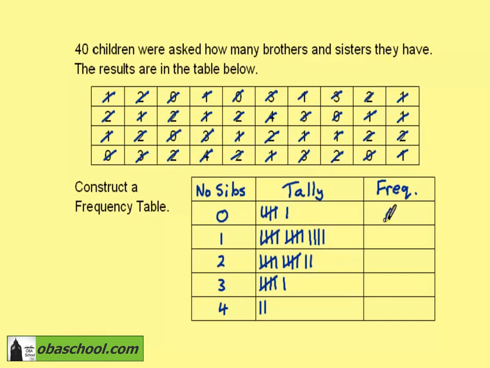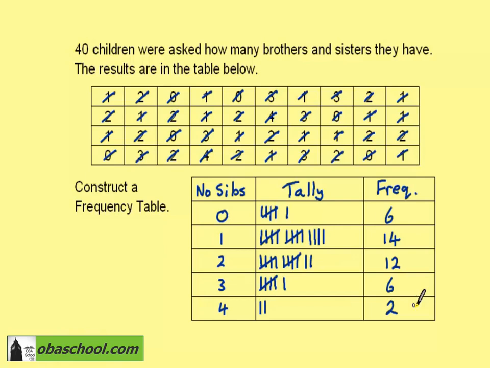Reading off the frequencies, we can see 6, 14, 12, 6, and 2. It's always a good idea to total these frequencies to make sure we have the right amount of data.